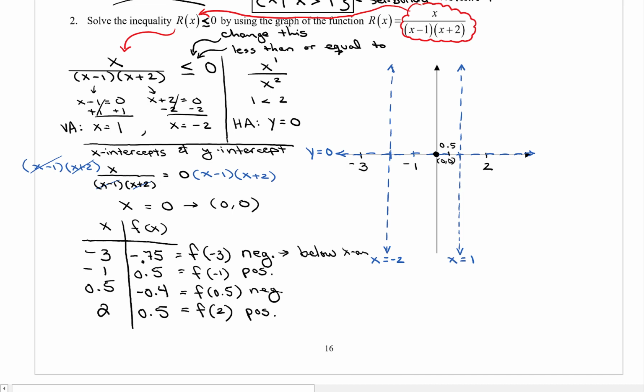Maybe I should write that all out. Below x-axis. When it's positive, it's going to be above the x-axis. There I wrote it out. The negative is below the x-axis, and then positive will be above the x-axis.